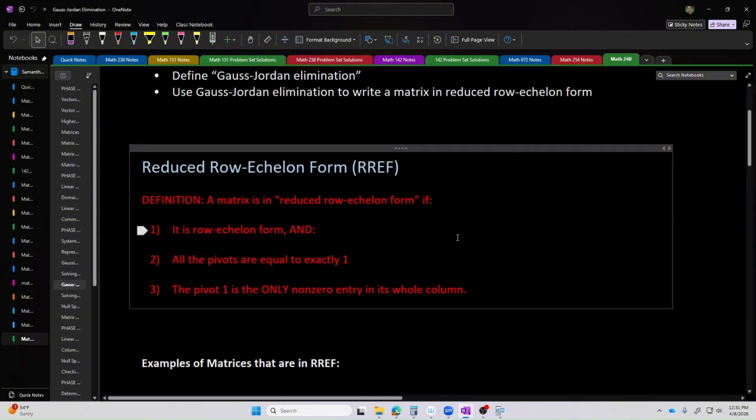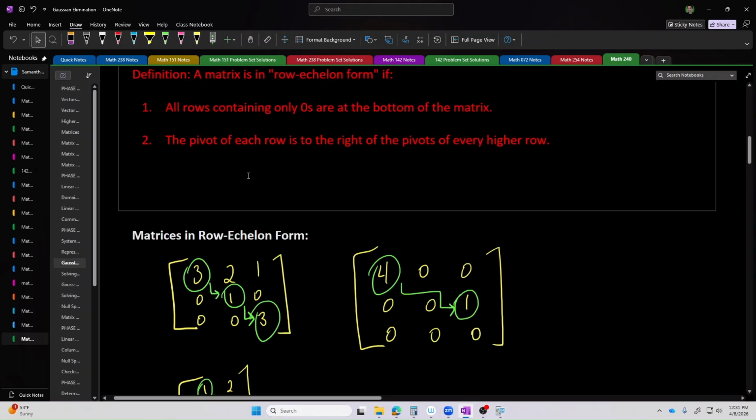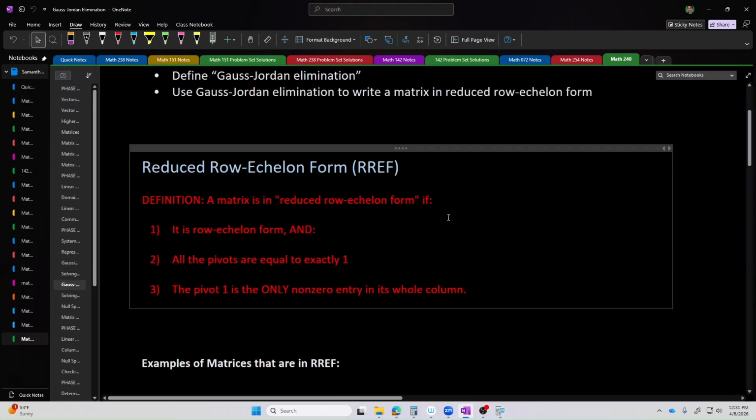Now, reduced row echelon form, RREF for short, is describing a matrix that is in row echelon form that satisfies these two properties, and some extra restrictions have to be satisfied as well.